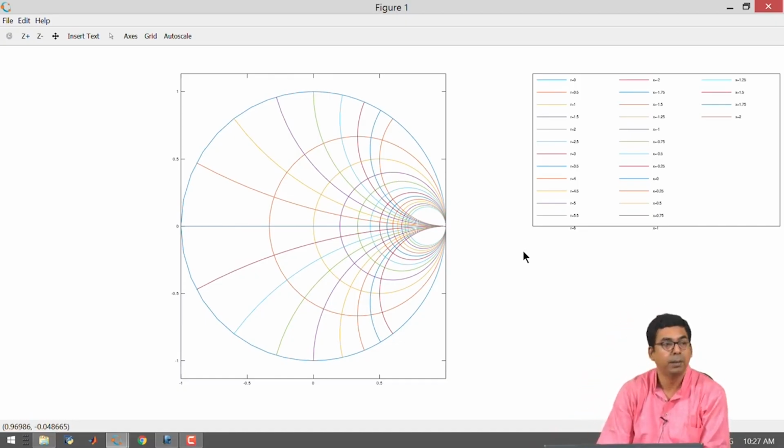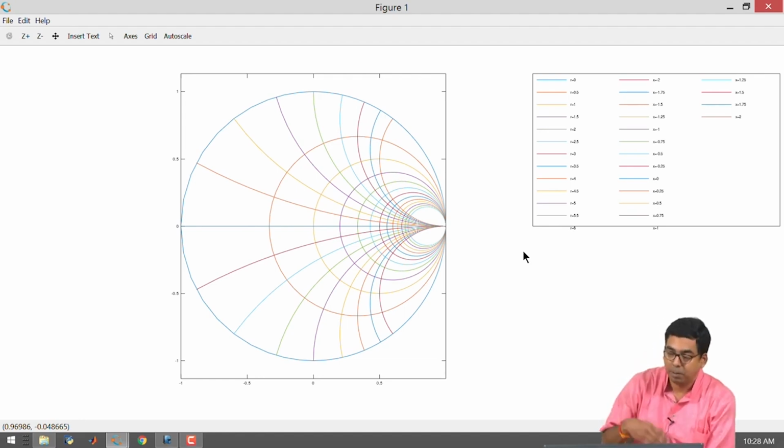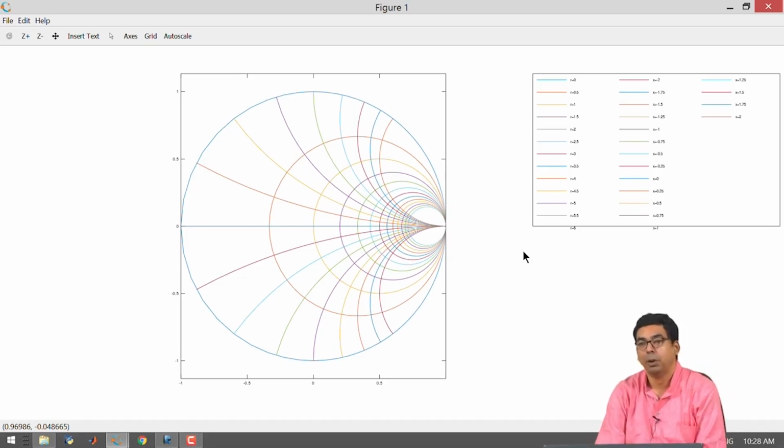So all you are doing is taking different values of your load impedance that is normalized to the characteristic impedance of your transmission line, and you are plotting the root locus of all these points, and you are plotting the variation of real and the imaginary parts on the complex gamma plane. Each and every point here is telling you the value of gamma. The gamma is going to be having a real part and an imaginary part.